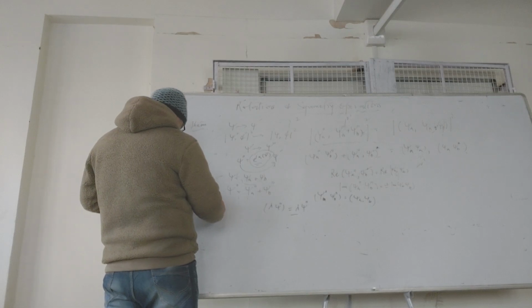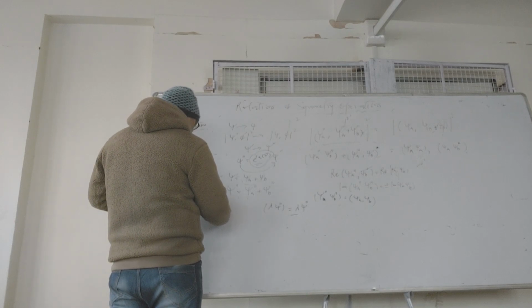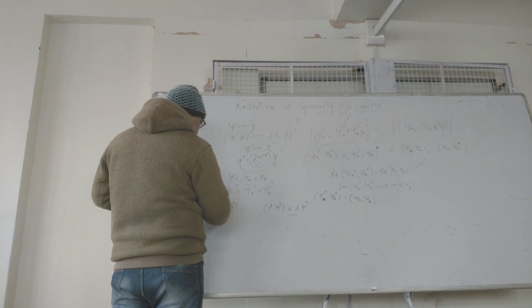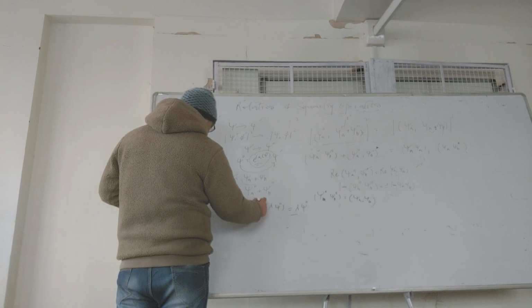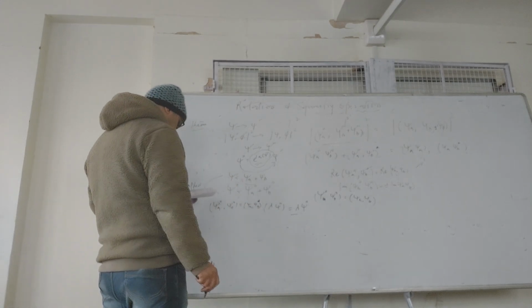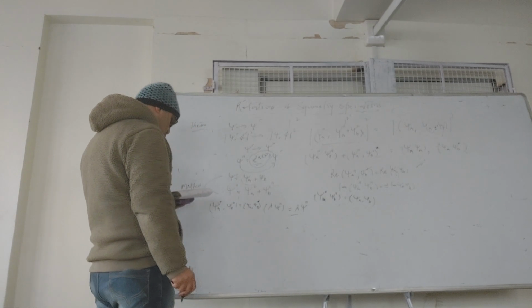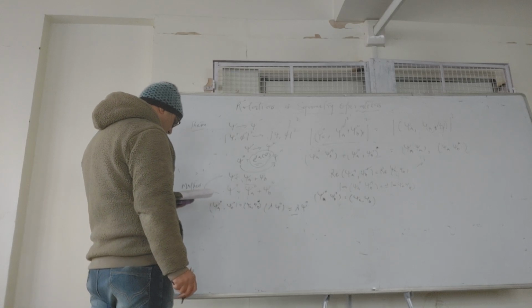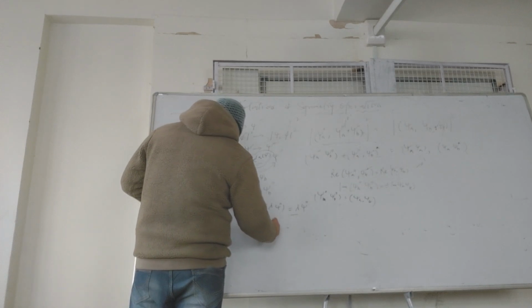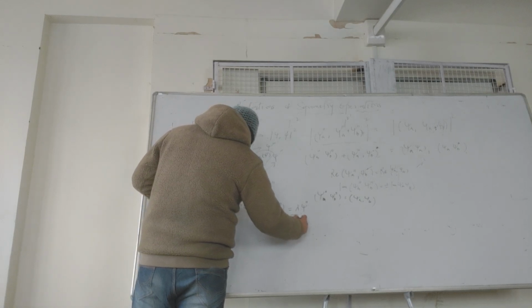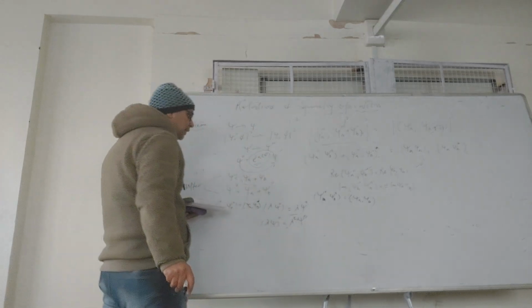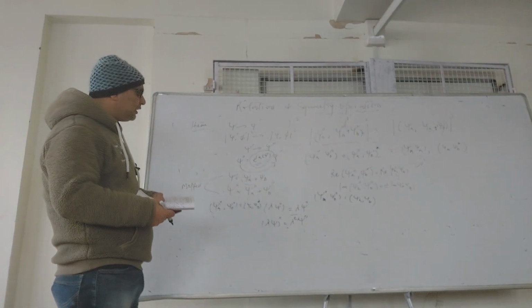Or psi a double prime psi b double prime should also be equal to psi a psi b, this is its complex conjugate. And lambda psi double prime is equal to lambda star psi double prime. Okay, one will be the linearity property.